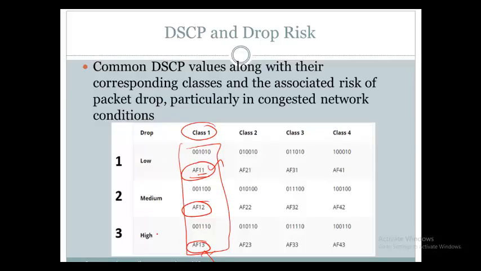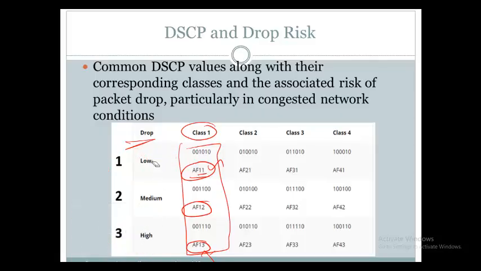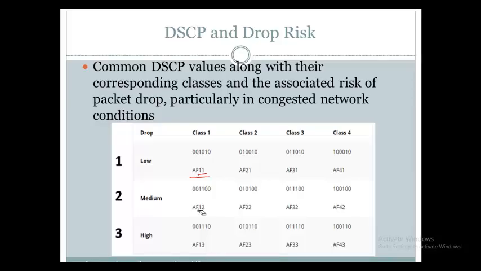Within the same class, this is the dropping procedure. But between the classes, let's say you got millions of traffic with all these four classes.